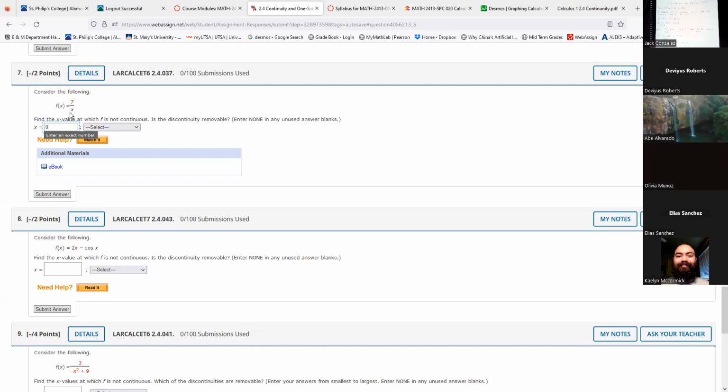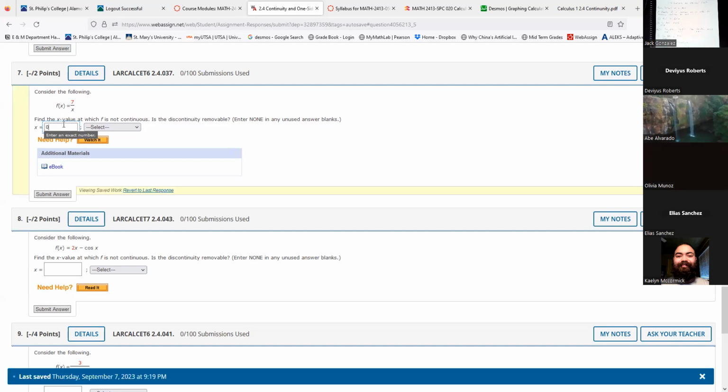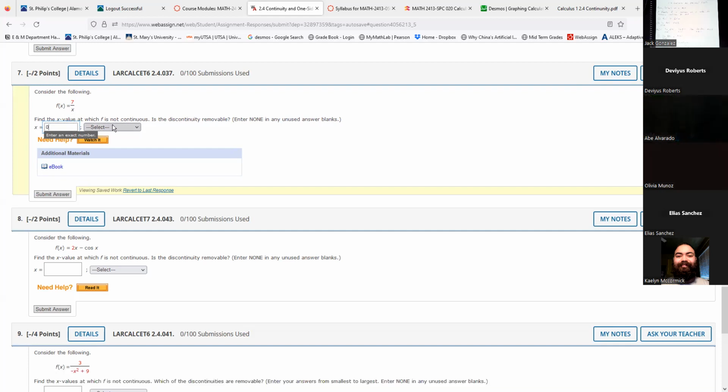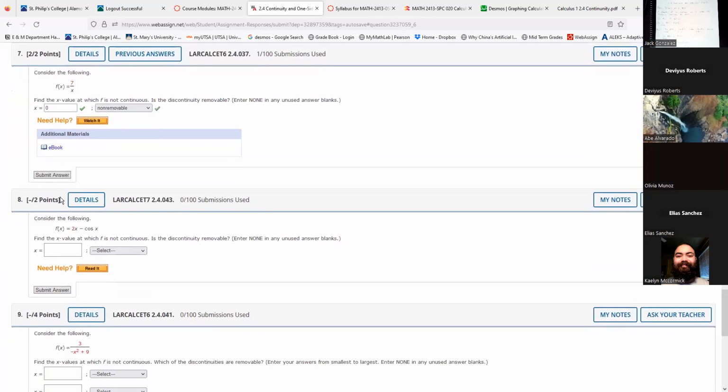If you plug in 0, you see the problem, right? So that 0 is going to violate number 1. It's undefined at 0. And that makes it not continuous. If you plug in 0, you get 7/0, which is division by 0. We can't do it. It doesn't cancel out, so you can't remove it.